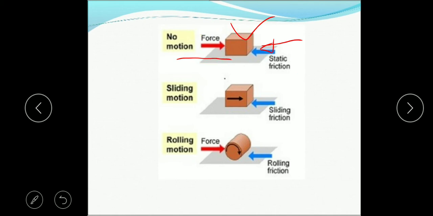The second is sliding friction. The body is sliding on the surface, so whatever resistance is generated between the body and the surface is nothing but sliding friction. Then the third is rolling friction. If this body is rolling over the surface, whatever resistance is generated by the surface on the body will be the rolling friction.